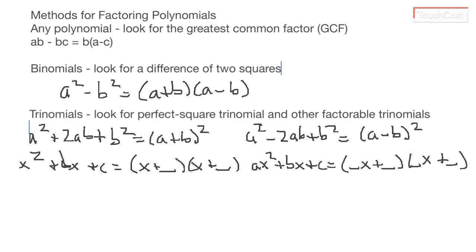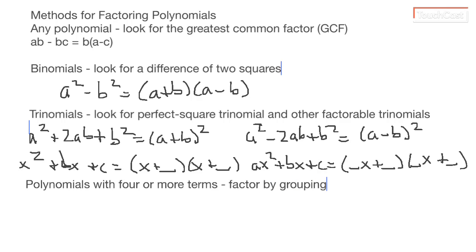And then a method we haven't talked a lot about yet, and I'm going to want to put an example in here as well, are polynomials with 4 or more terms. And we're going to use a method called factor by grouping.